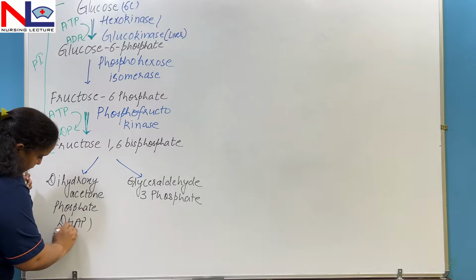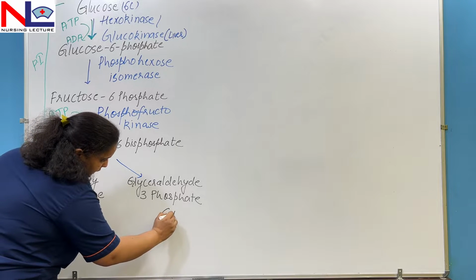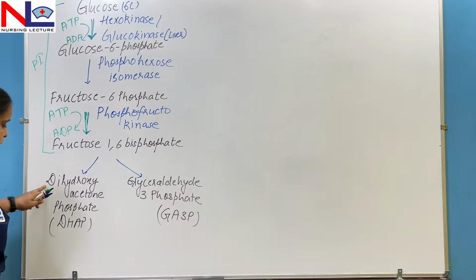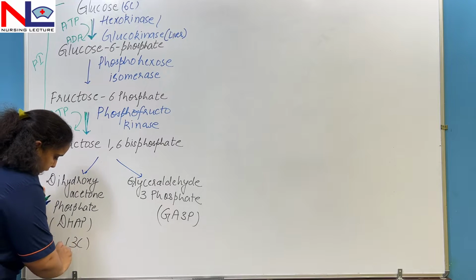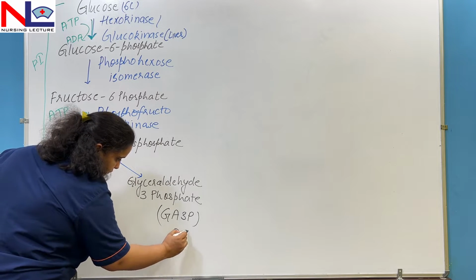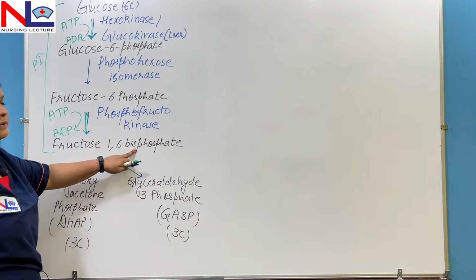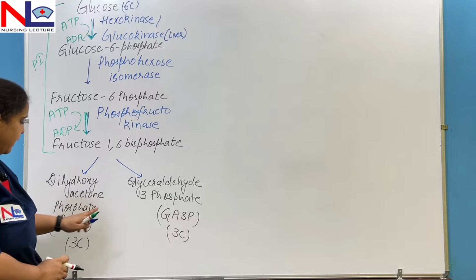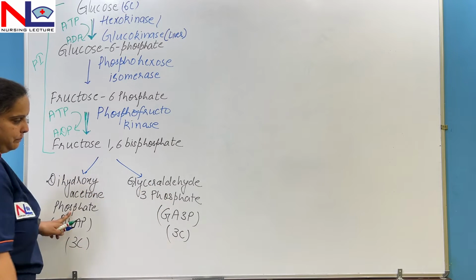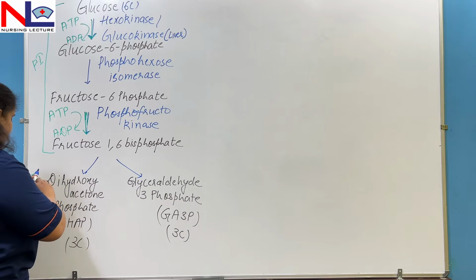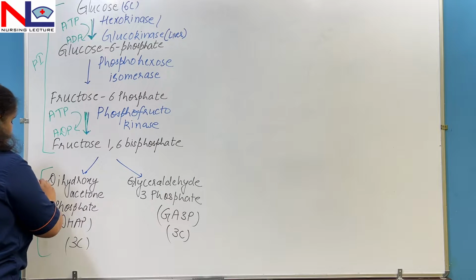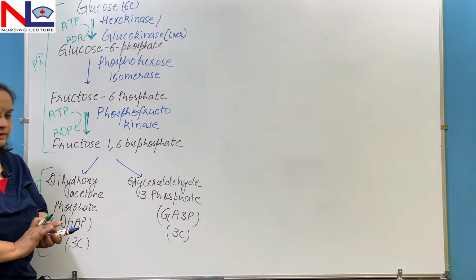So they both have 3 carbons in each. Thus this 6 carbon component is split into half, 3 in each, and both have a phosphate group with them. So this phase is called the second phase, where the splitting of the fructose molecule occurs.